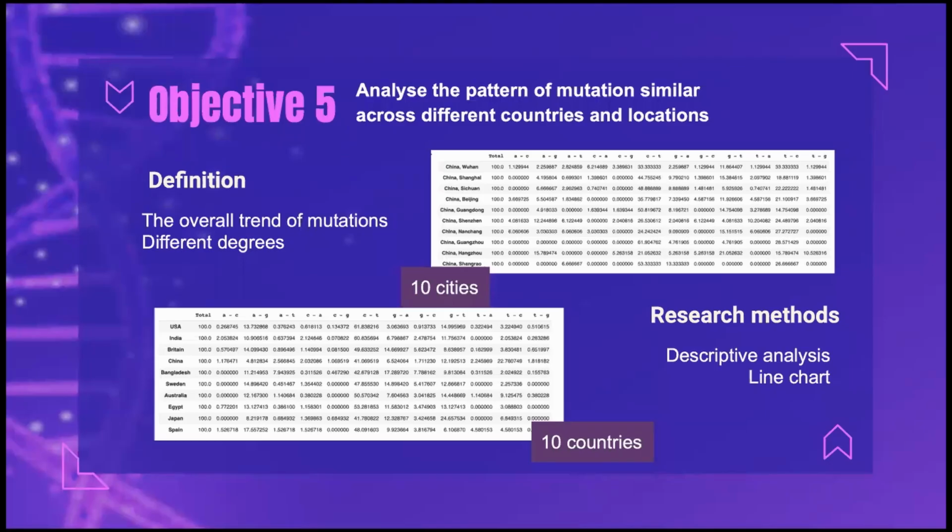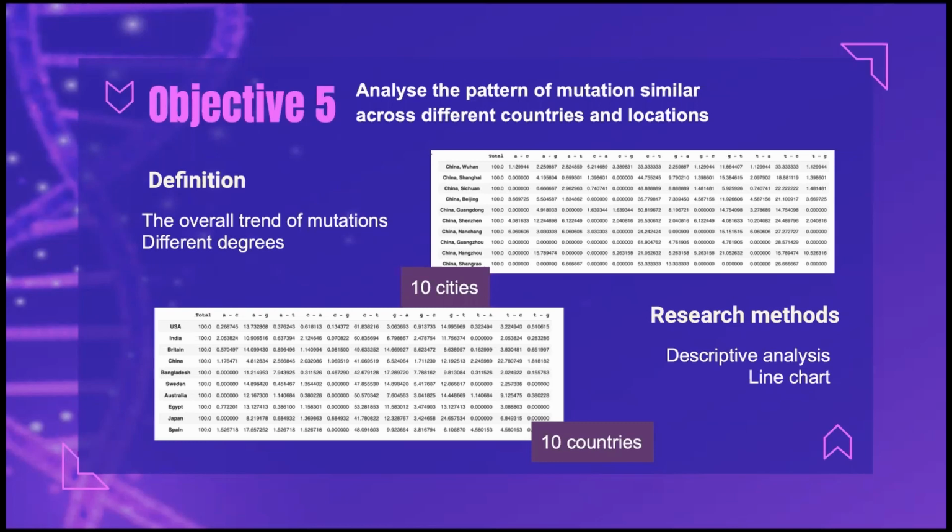Next, we talk about objective 5, analyzing whether the pattern of mutation is similar across different countries and locations. We use descriptive analysis and line charts to explore this objective. To define the pattern of mutation, we use the total number of cases across the countries and locations as the indicators.